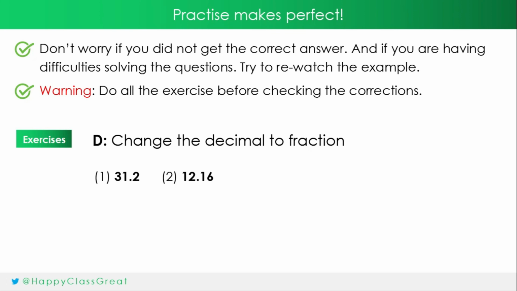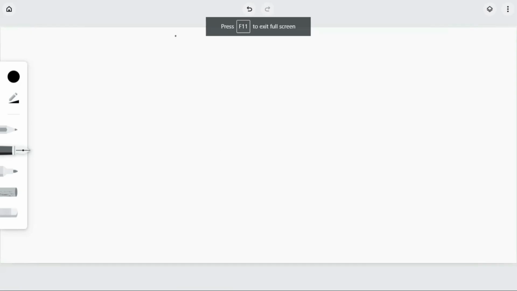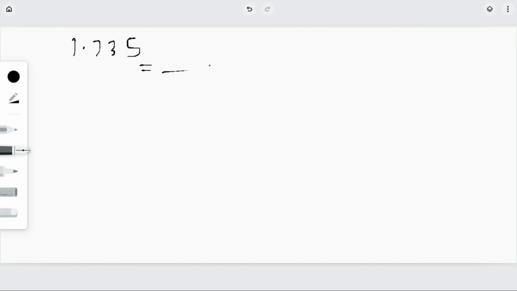As an example here, we want to change 7.735 to a fraction. You understand? So you draw a fraction like this: you write 7.735 over 1.